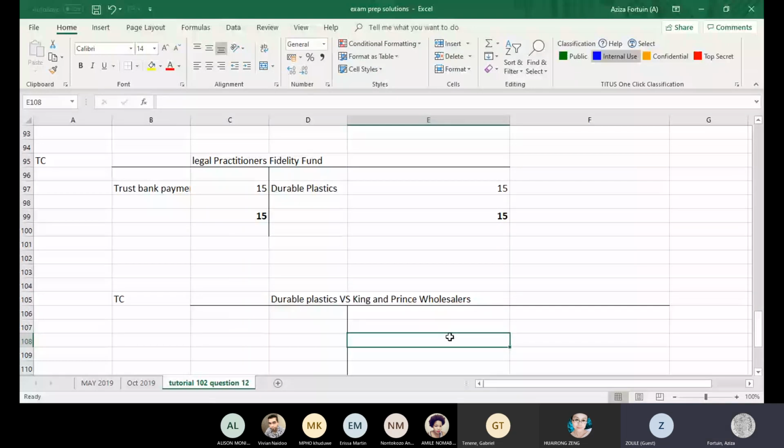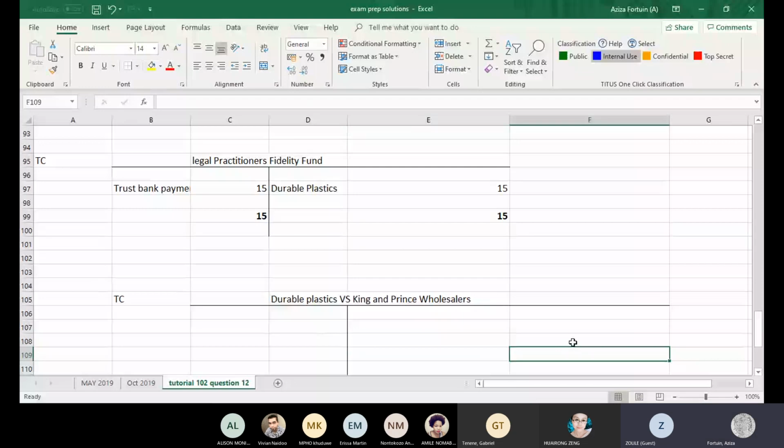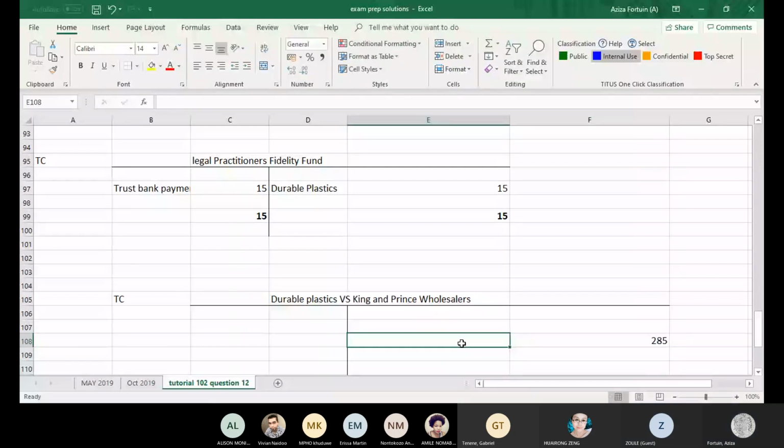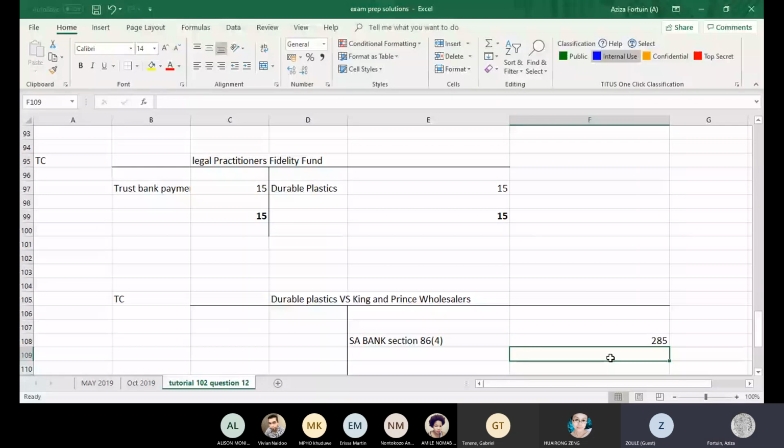If that 15 rand goes there, right? Then what happens next? I would start then with a 285, which is the balance. Am I right? Yes.